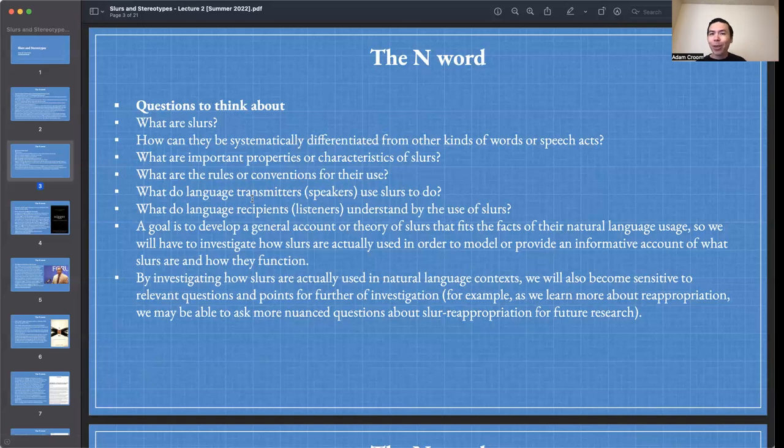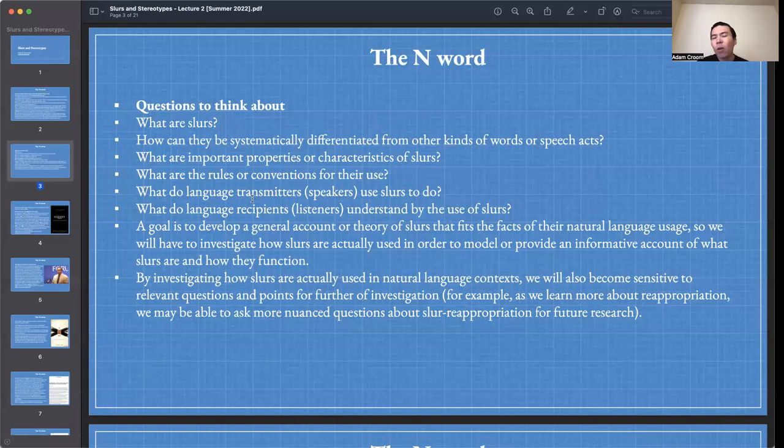How do I know that a particular usage is a pejorative or derogatory, or a reclaimed or a reappropriated variant of that word? Okay, we want to try to think of some strategies for understanding when we can identify derogatory versus non-derogatory usage of a slur.